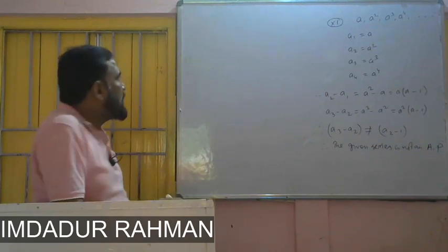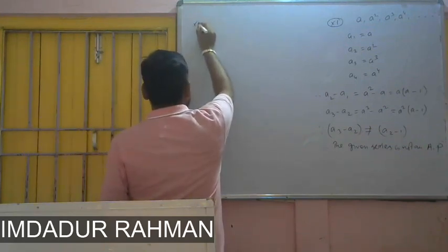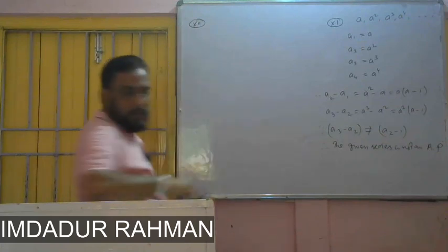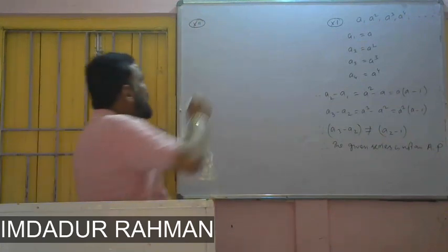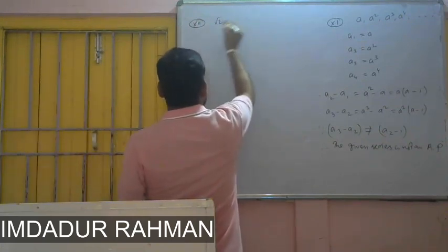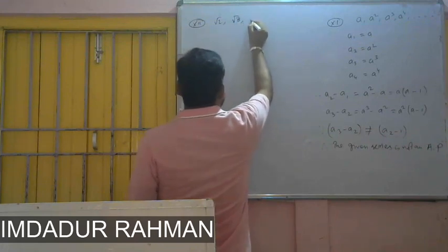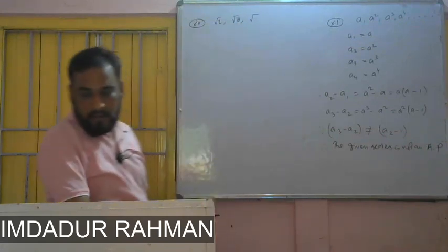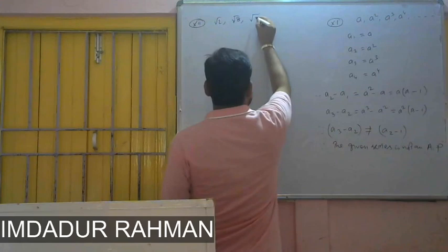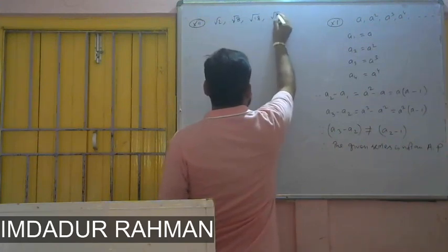Now question number 12, it will be difficult for you, so I am solving it. Root over 2, root over 8, root over 18 and root over 32.